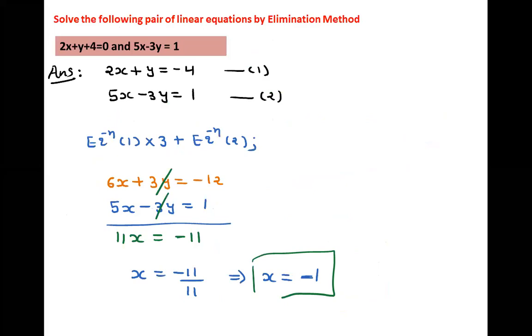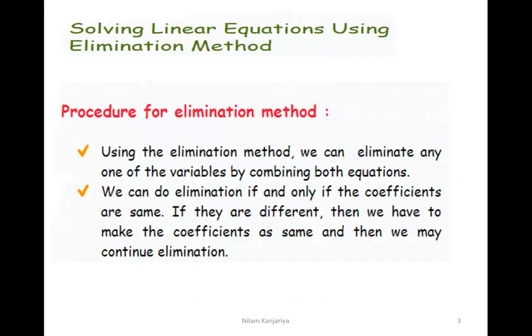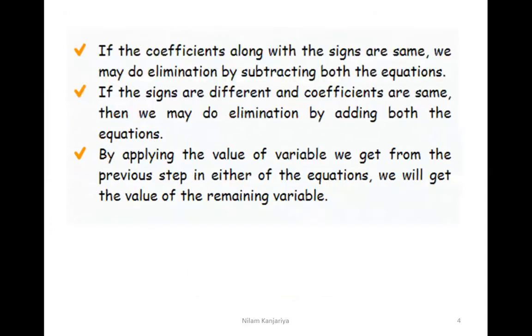Yes, you can use any number and you are free to find x or y first. But these are the rules: just make the same coefficient with a different sign, then you are able to eliminate one variable. The second rule is the most important, so remember it.